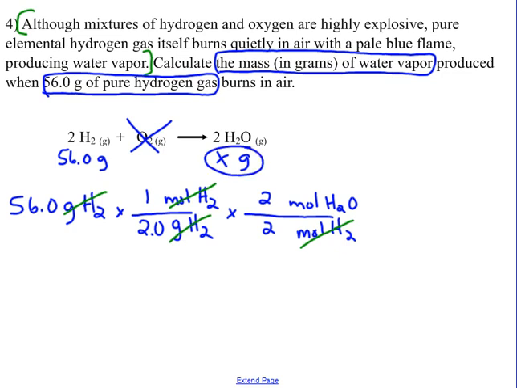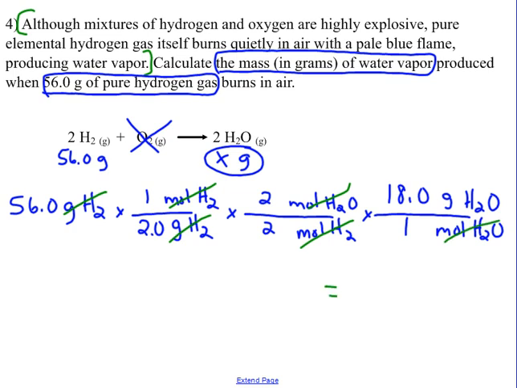But we're trying to find grams of H2O, so we need to do one more step. Moles of H2O is going to go in the denominator. Grams of H2O is going to go in the numerator. 1 mole of water from the periodic table is 18.0. This conversion fraction allows us to cancel out moles of water, leaving us with a unit of grams of H2O, which is what we were seeking.